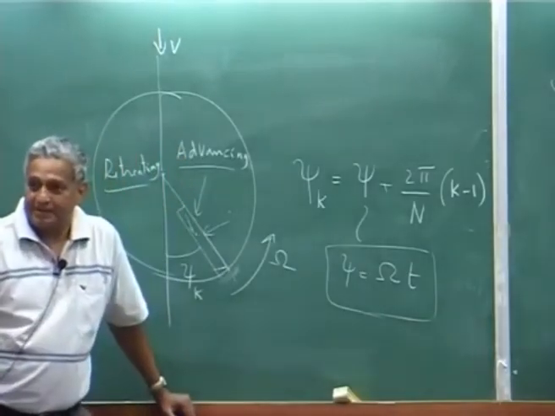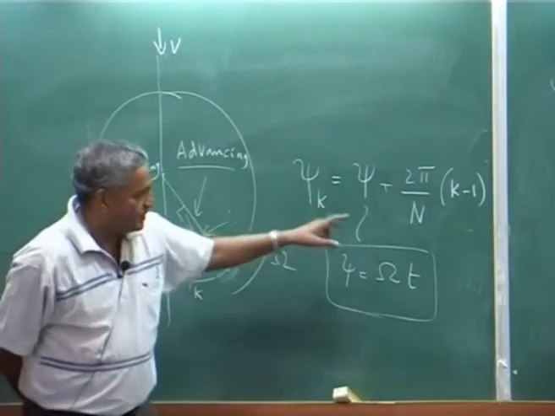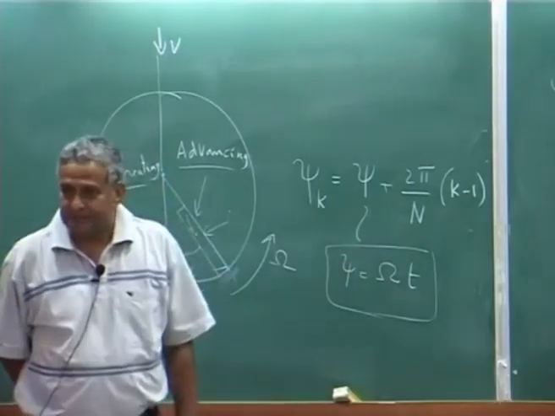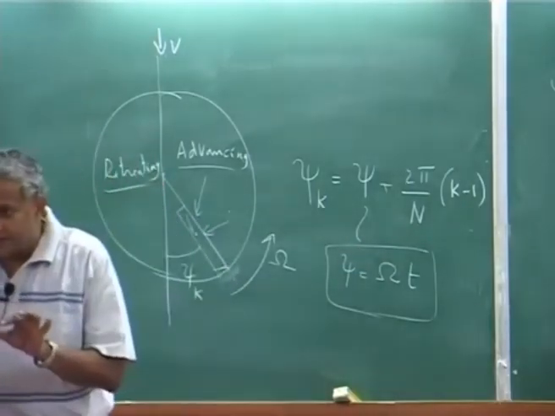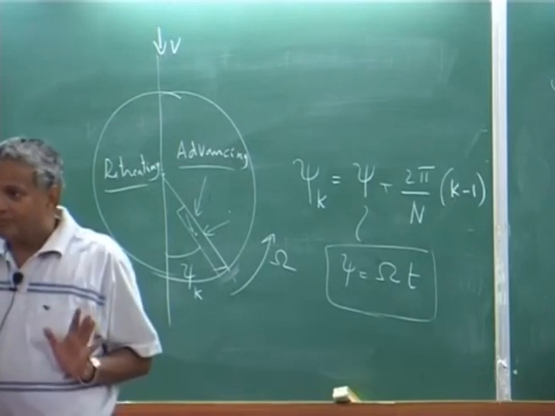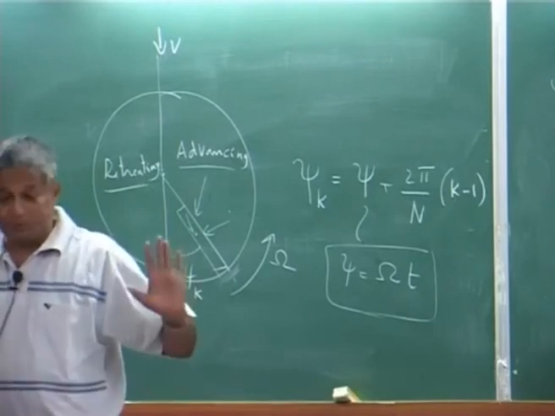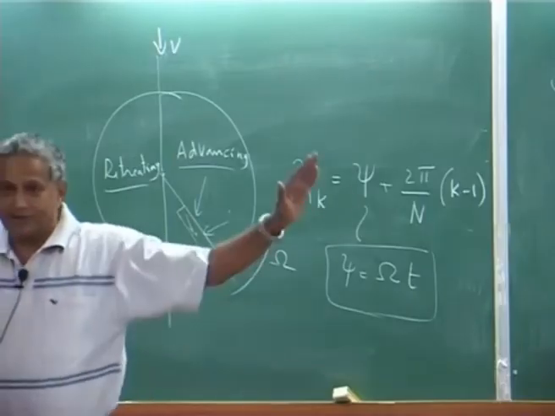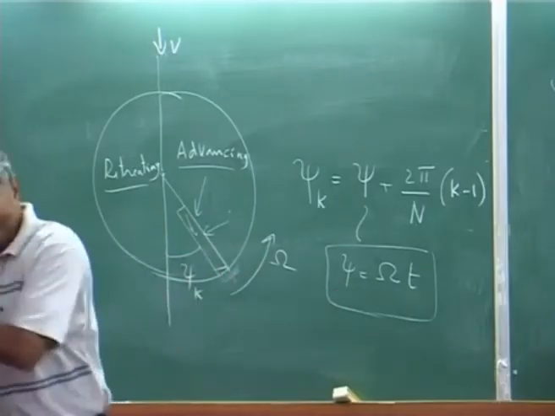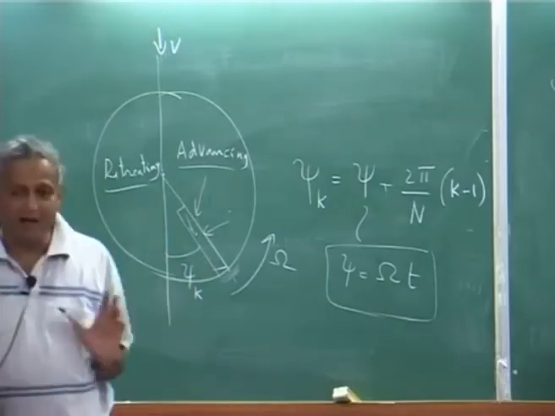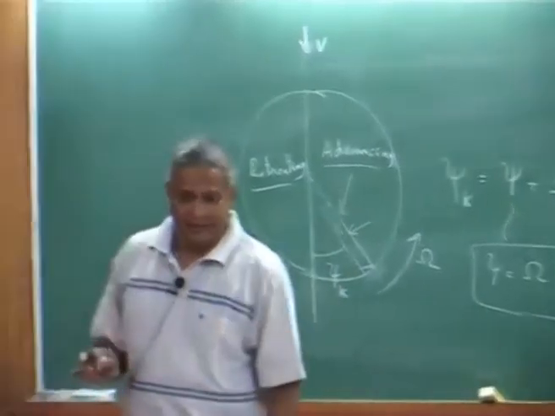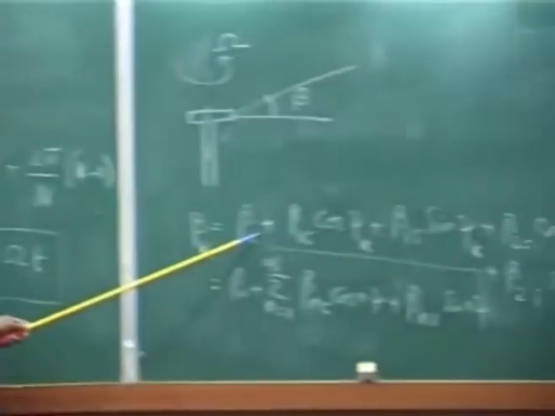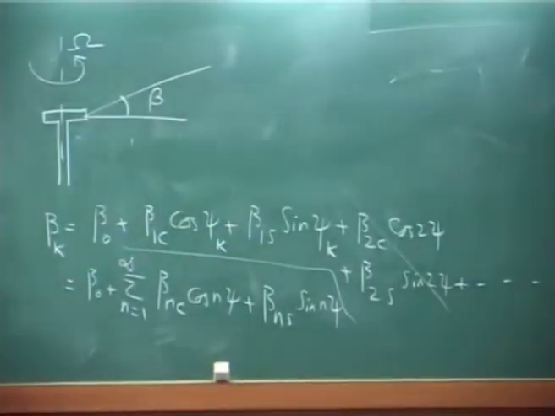Okay. Now, what happens? Each blade is represented as a Fourier series, because you have to know each blade is independent. We are not talking about teetering rotor. Okay. It is independent. This blade behaves, that blade behaves, but all of them have the same expression.